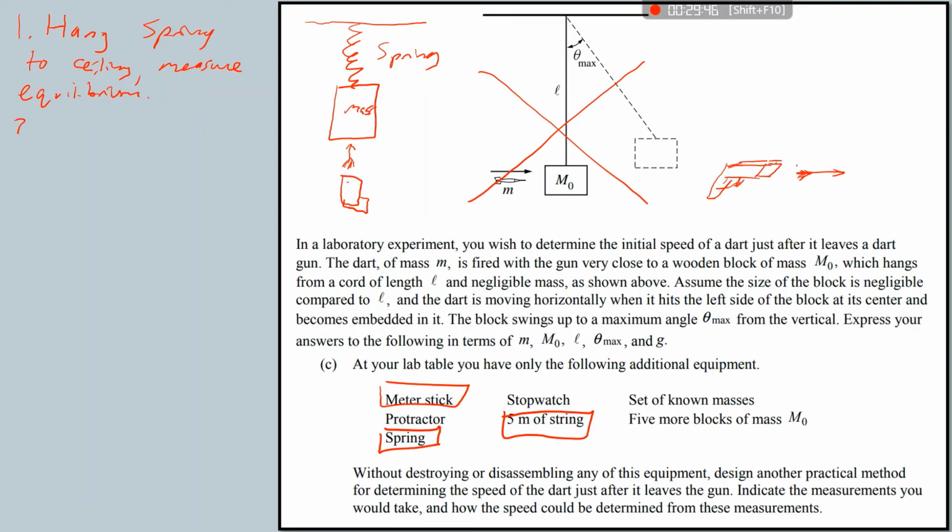Then step two, hang mass to spring and measure displacement. Okay, if I know displacement, then how can I figure out what K is?